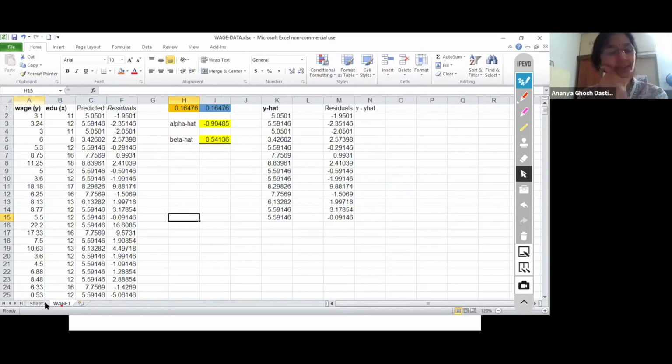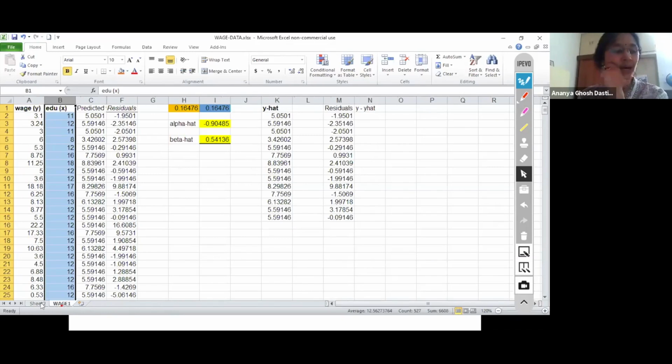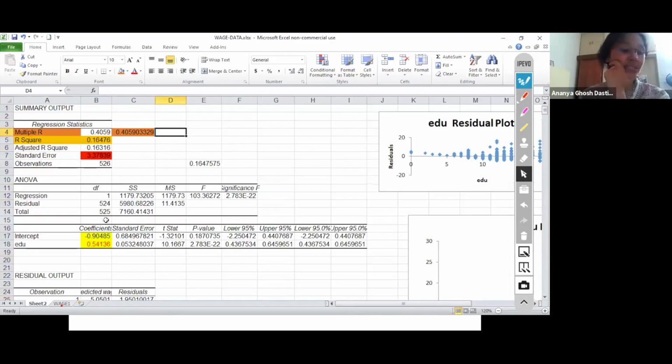And then we use this data and we run a regression. And here is the regression output for you. This morning, we looked at the slope and the intercept. We looked at the R squared, the multiple R squared, and all of that stuff. Now, it is time to talk about standard errors.